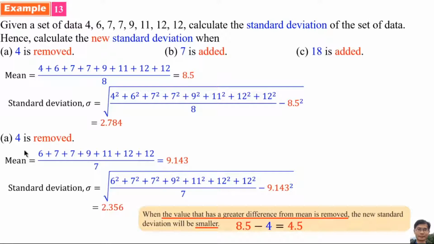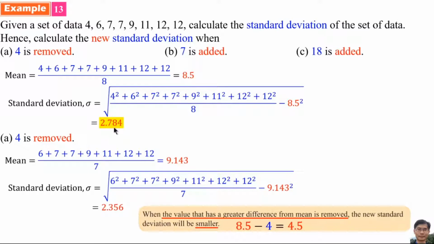The value that is removed is 4. The mean is 8.5. The difference is 4.5. So 4.5 means a greater difference. It says the new standard deviation will be smaller.